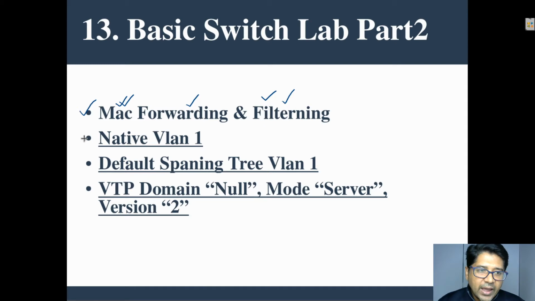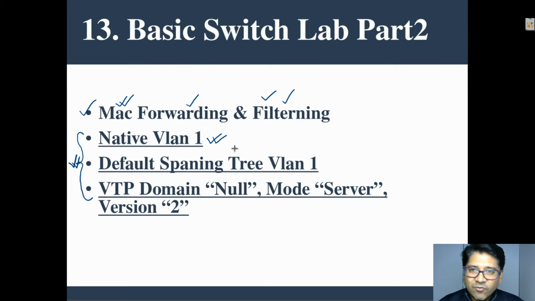Then we have the next topic, called the default behavior of the switch. For the basic switching lab, we're going to see, as soon as a switch is installed into the network, what the native VLAN will be. We are not going to configure any native VLAN.